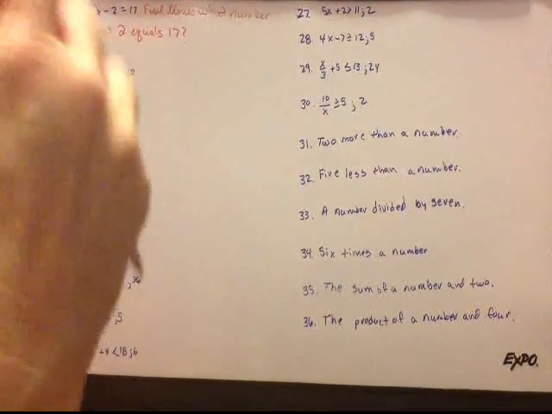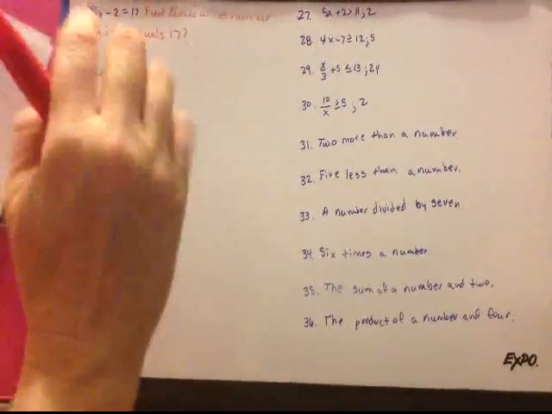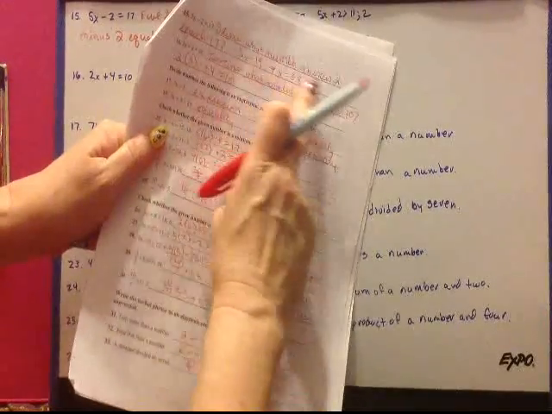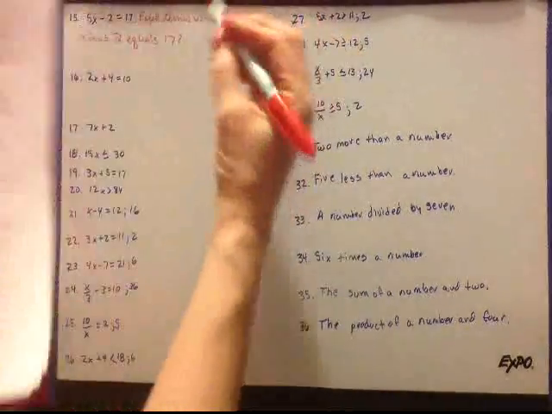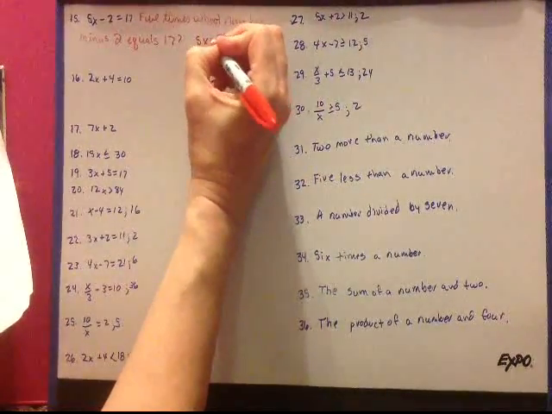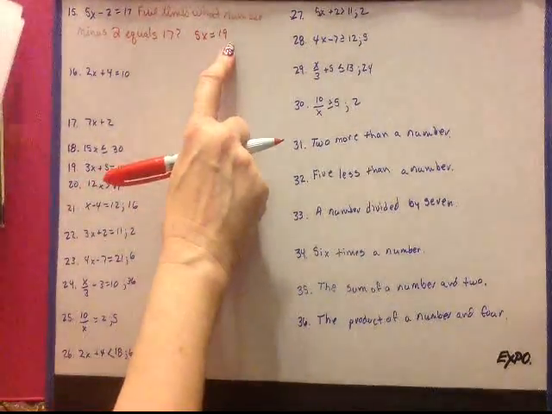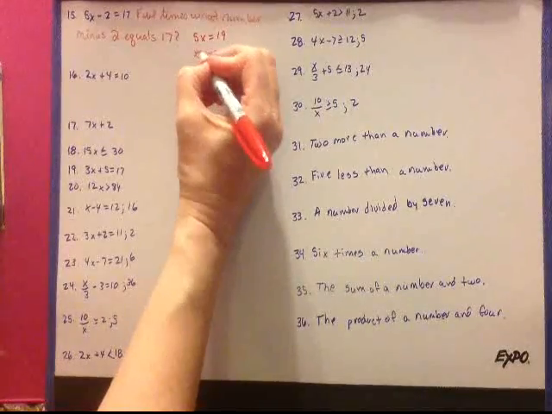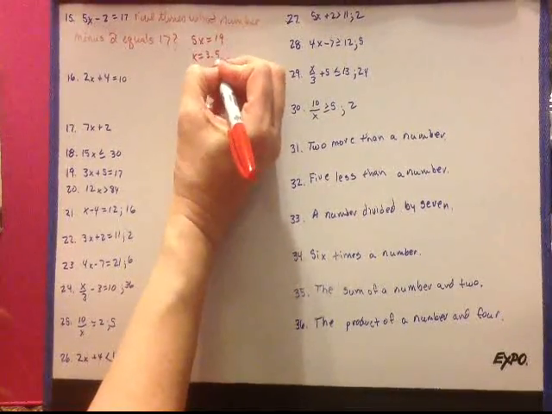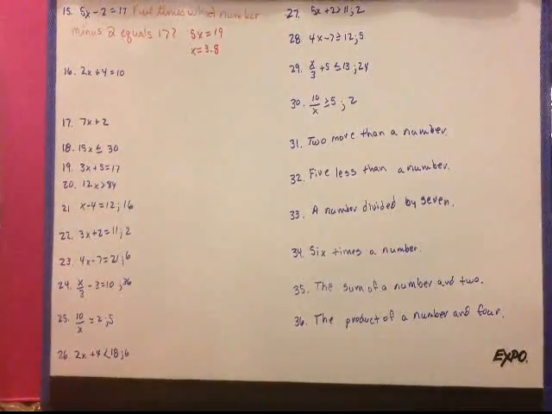All right, this number is a little bit tricky. You're going to have to do this one on a calculator. So you would add 2 to both sides and you would get 5x equals 19. And when you divide both sides by 5, you get the number is 3.8. I definitely will not give you one that hard on your exam.